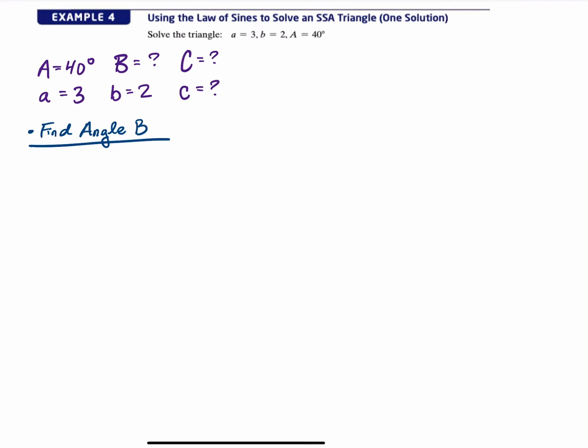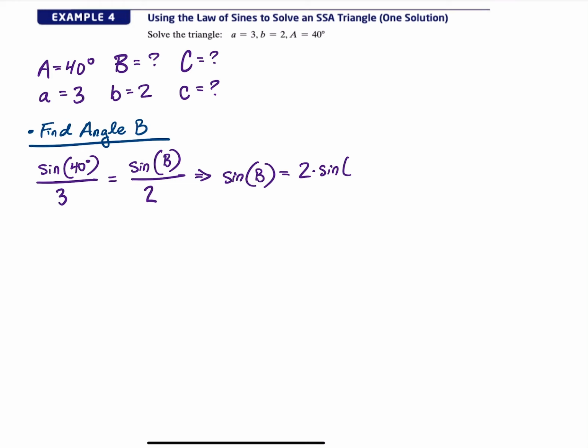So let's set up a law of sine statement relating angle A and B. So we can say the sine of 40 degrees divided by 3 should equal the sine of angle B divided by 2. If we multiply the 2 over, we can say the sine of angle B would equal 2 times the sine of 40 degrees divided by 3.